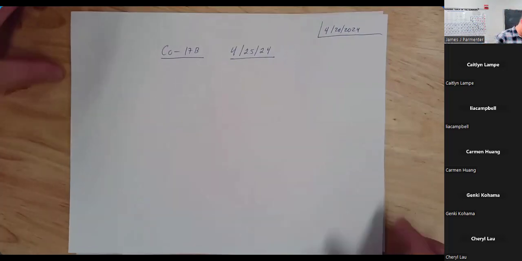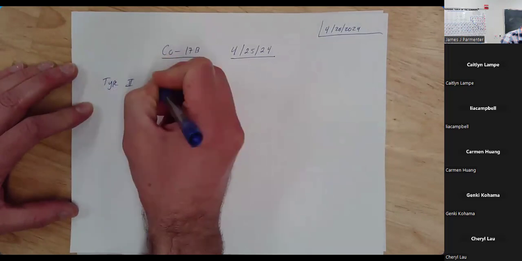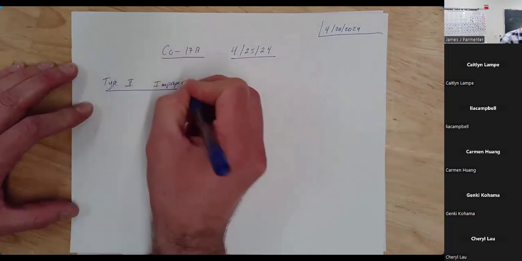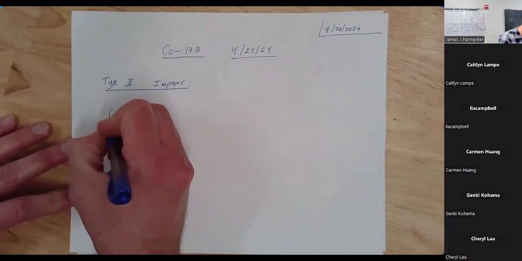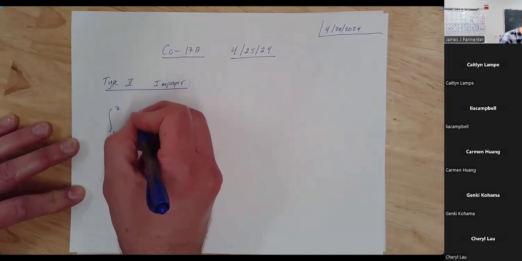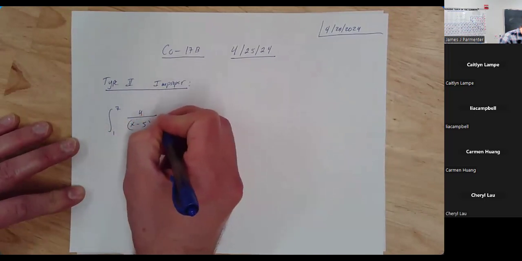So here are some type 2 improper integrals. Let's do a couple of them. Let's say we had the integral from 1 to 7 of 4 over (x minus 5) to the 6th power.